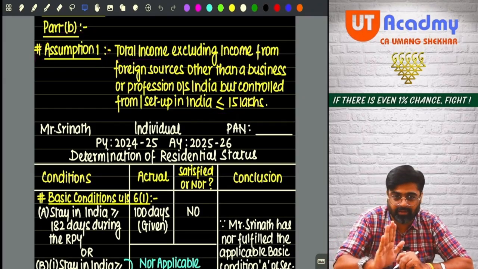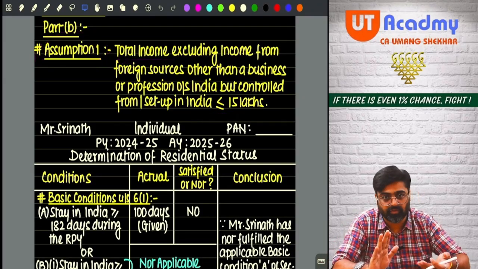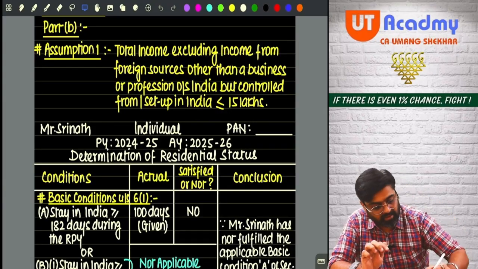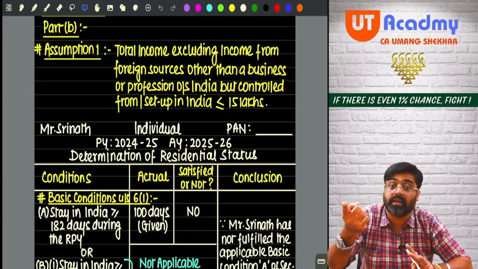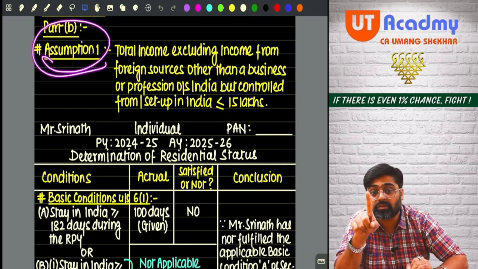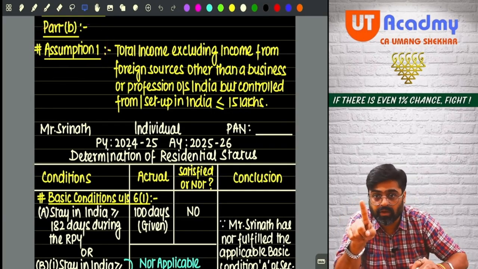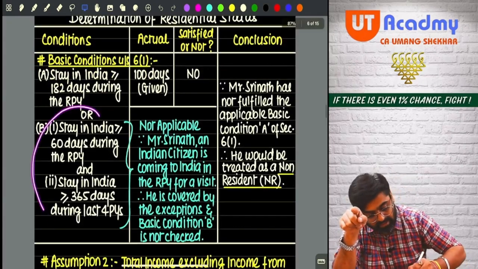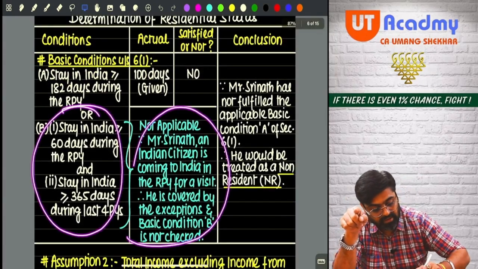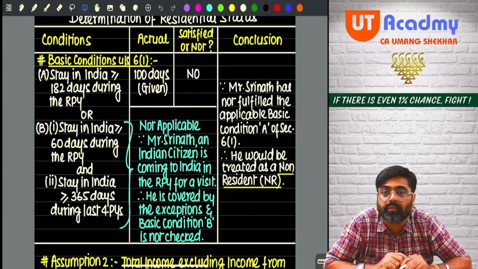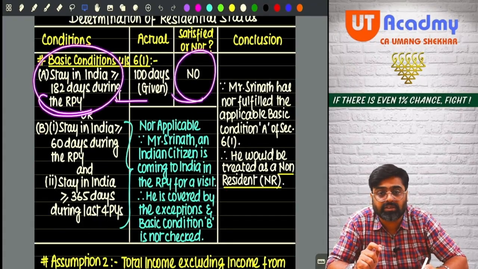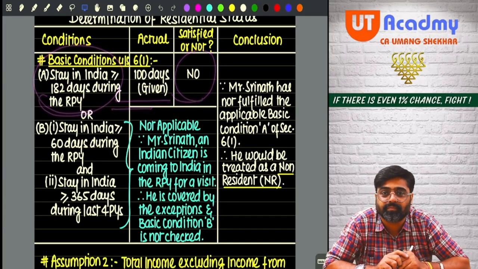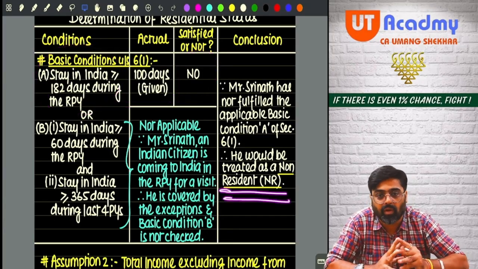So Srinath, an Indian citizen coming to India for the purpose of visit, and we have assumed that his total income is less than or equal to 15 lakhs. Accordingly, Srinath in our first assumption is covered by the exception. And if he is covered by the exception, basic condition B we will write, but we will say that it is not applicable. A is applicable, which is not satisfied because his stay is only 100 days. So he becomes a non-resident.